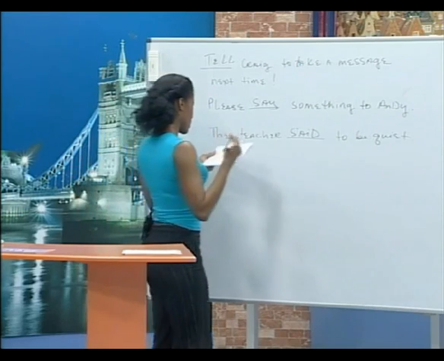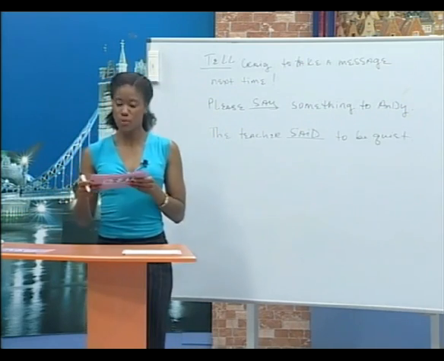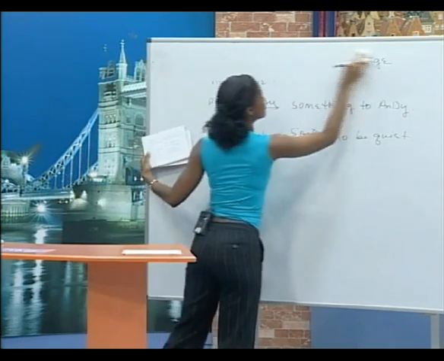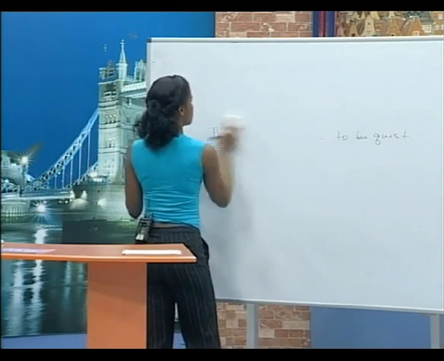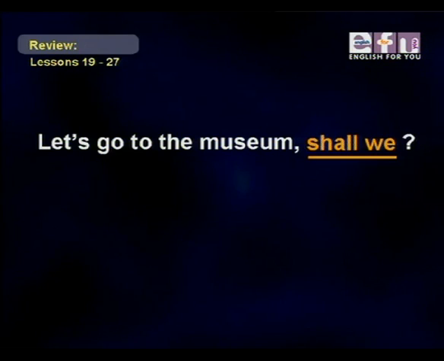Very good. All right, now it's time for an exercise using tag questions. You're going to fill in the blanks again, this time with a tag question. Let's go to the museum. How about Alberto? Let's go to the museum, shall we? Very good.